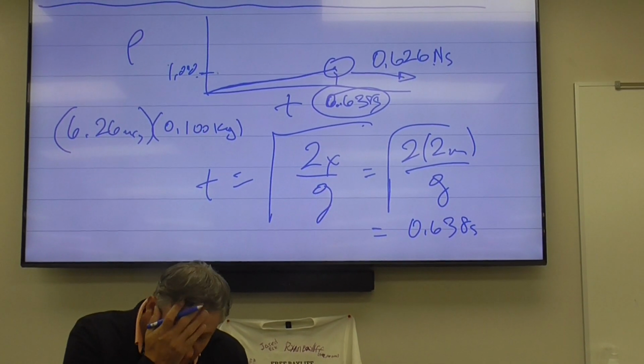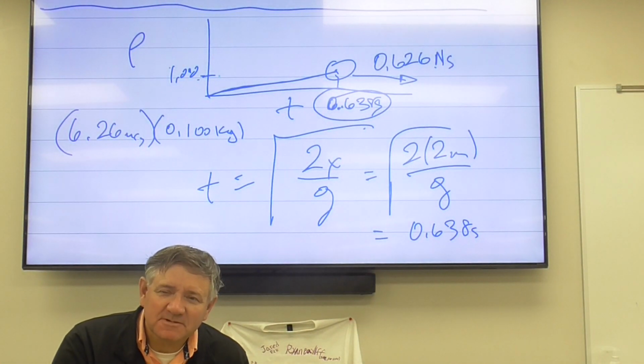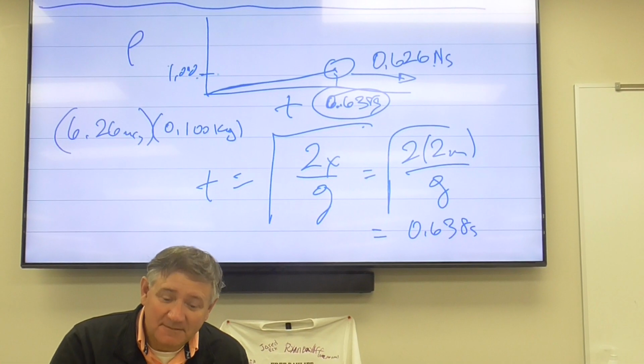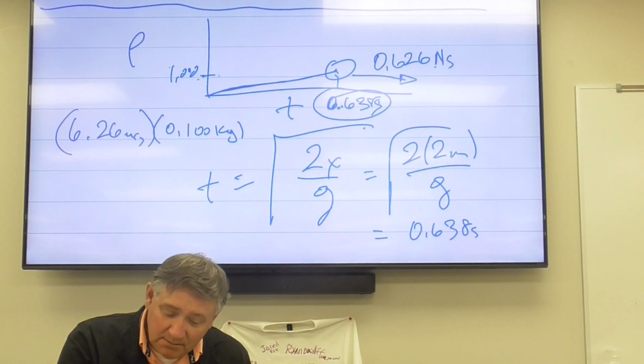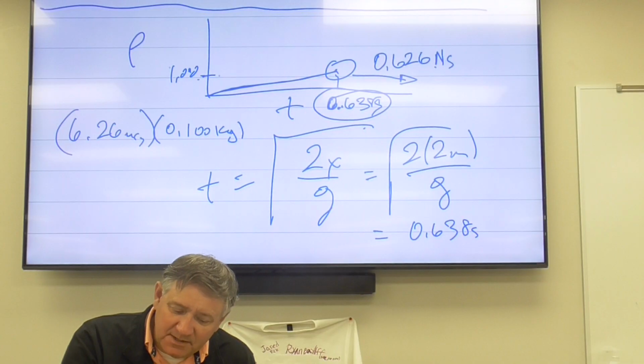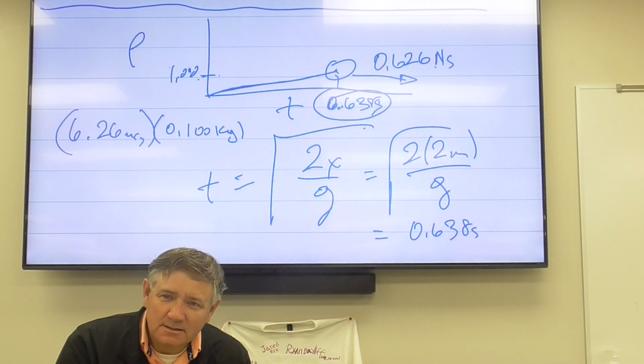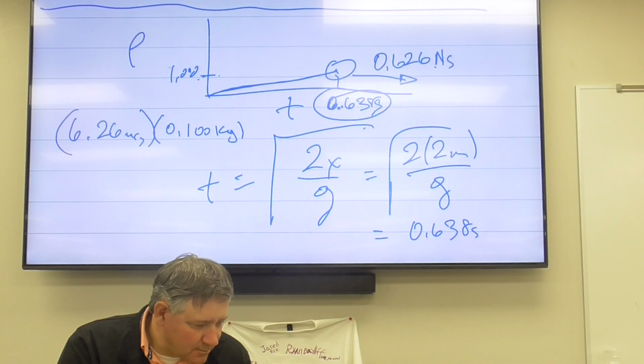It should be about 1. I was trying to pull the full value. Oh, I'm literally stupid. 9.8. No, I took 6.26 and divided it.